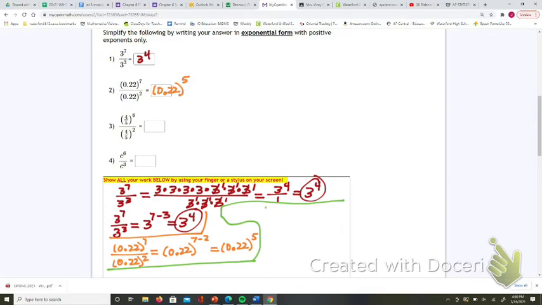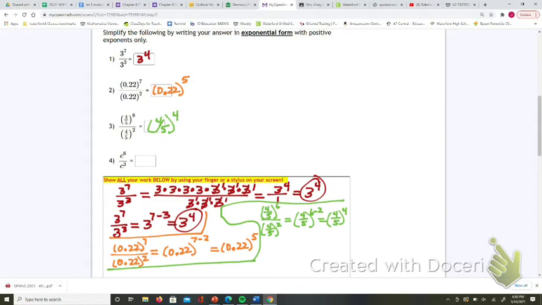Okay, we have 4/5 to the 6th over 4/5 to the 2nd, which is going to equal 4/5 to the 6 minus 2, which is 4/5 to the 4th. So then we come over here and we type 4/5 to the 4th.